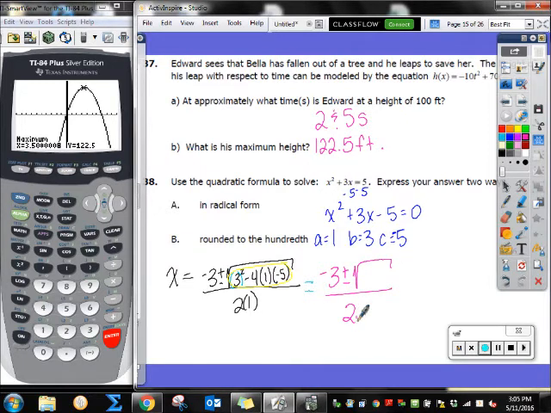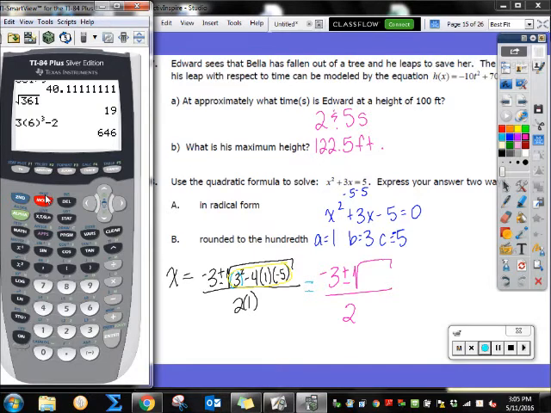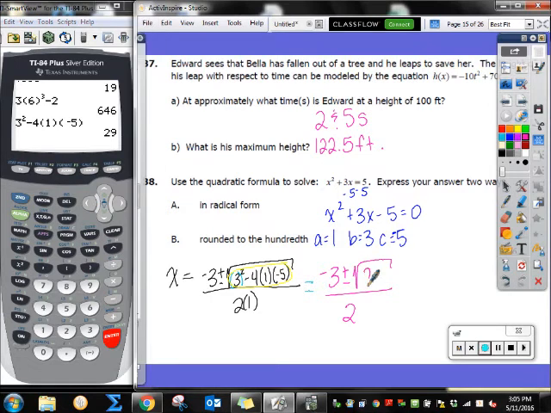So I'm going to put 3 squared minus 4 times 1 times negative 5, so exactly what's underneath that radical without actually putting that radical in my calculator. So I get 29 is the number under the radical. Since that can't be simplified, that satisfies our A answer choice.